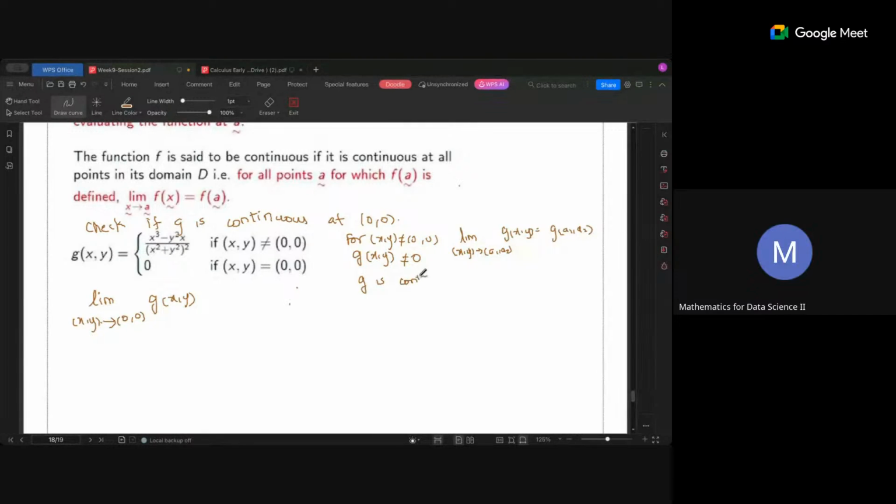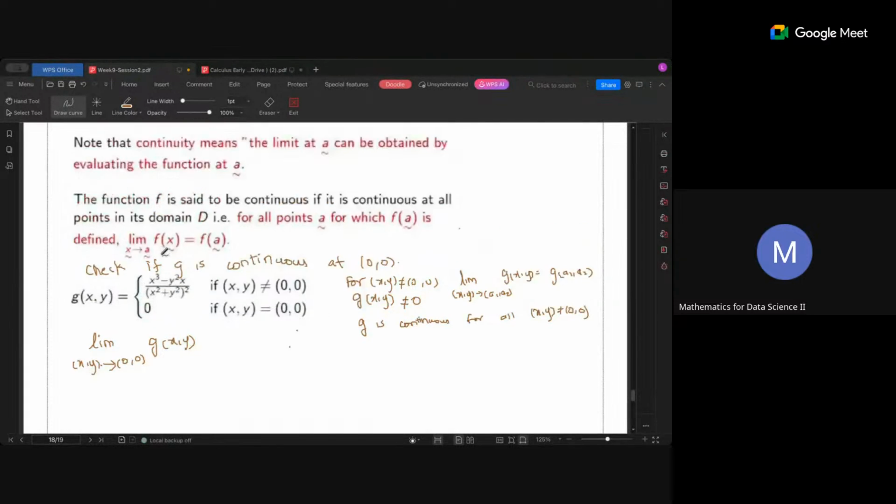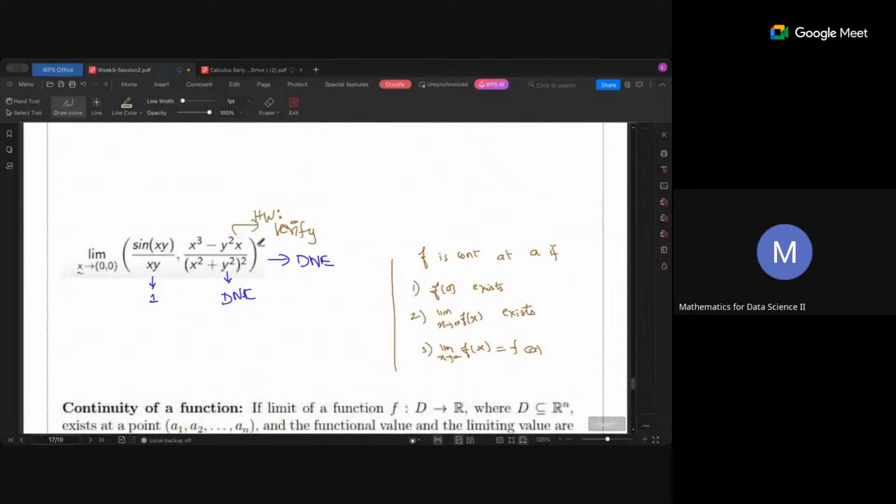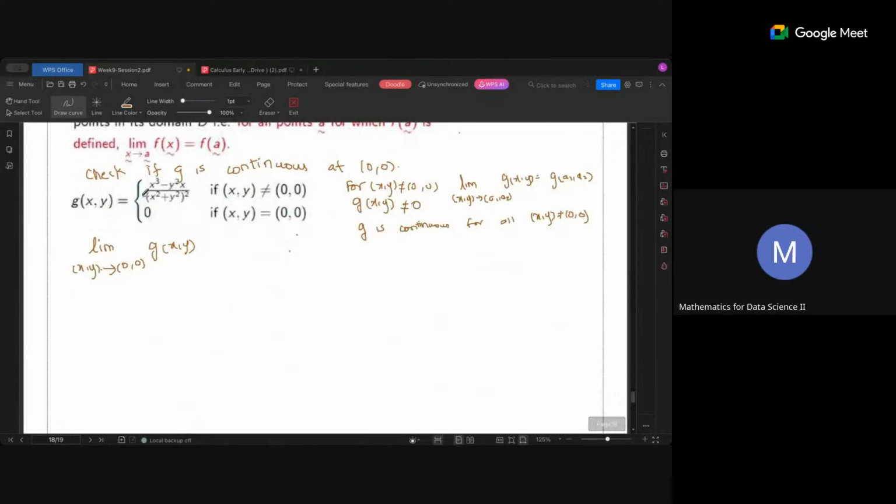So this is something to note: g is continuous for all non-zero (x, y). At (0, 0), what is happening? You have to choose an appropriate curve. This is the exact curve we just saw here, I guess, right? Yes. So at (0, 0), how does the limit not exist?